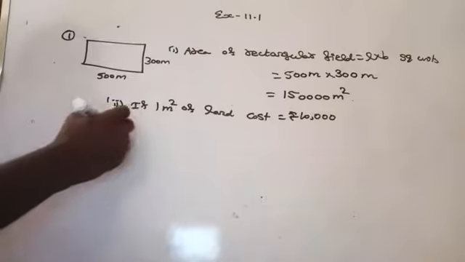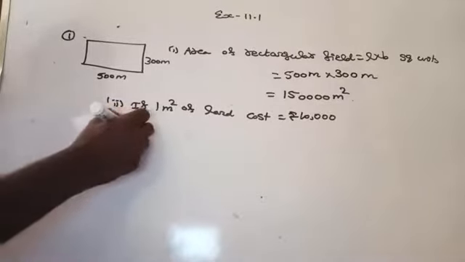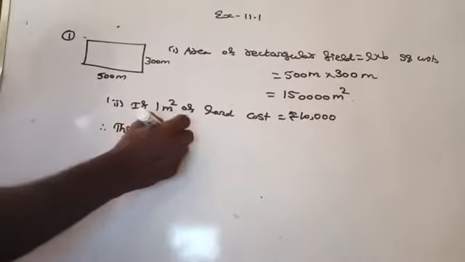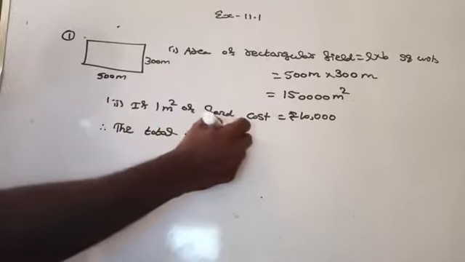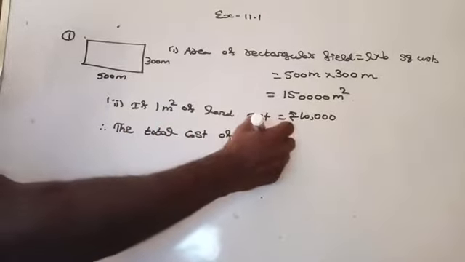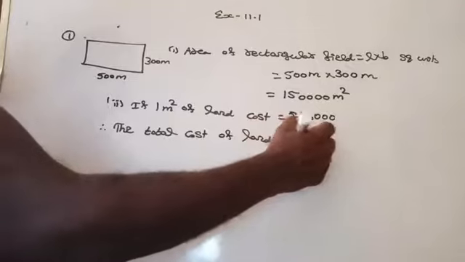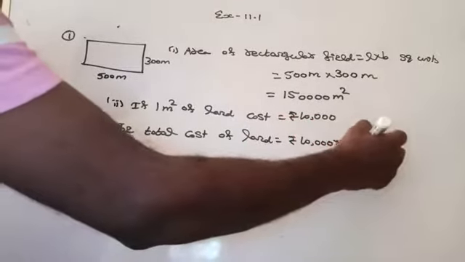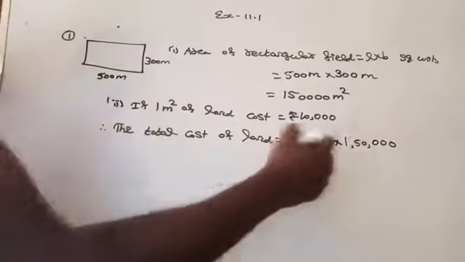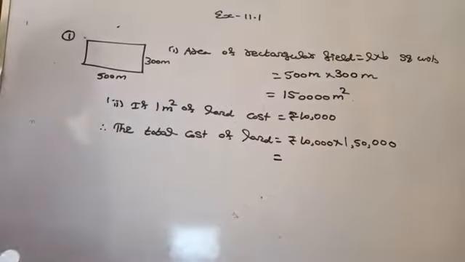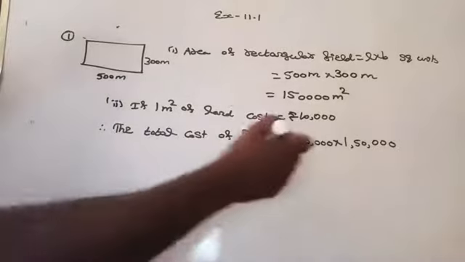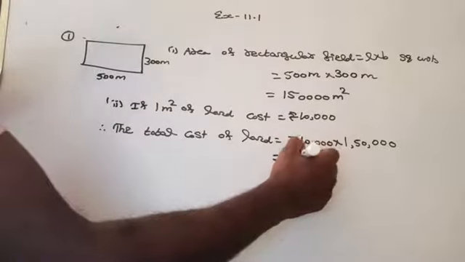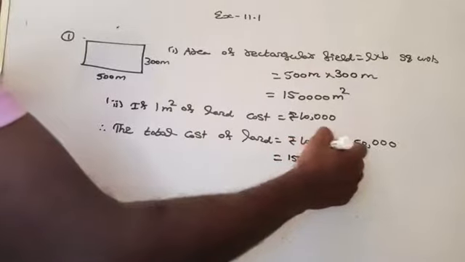So therefore the cost of the land is equal to rupees 10,000 into 1,50,000. Now multiply. That means 1,50,000. How many zeros? Proceeding 4 zeros.